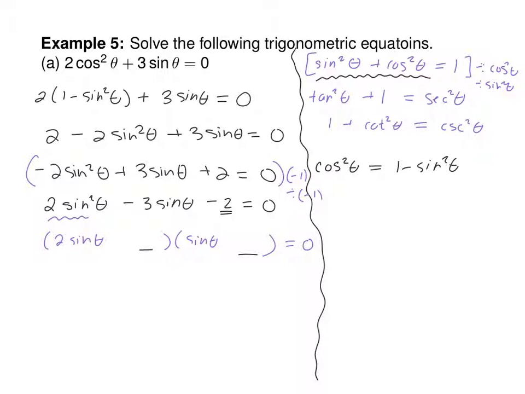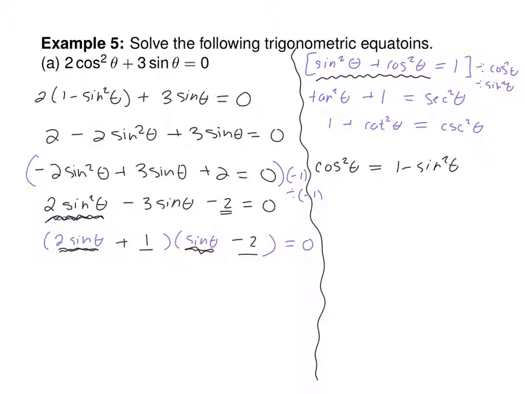Does putting plus 1 here and minus 2 there work? You get plus sine theta minus 4 sine theta. That does work. So the trick is that the first things multiply together to make 2 sine squared theta, and the last things multiply together to make the minus 2.